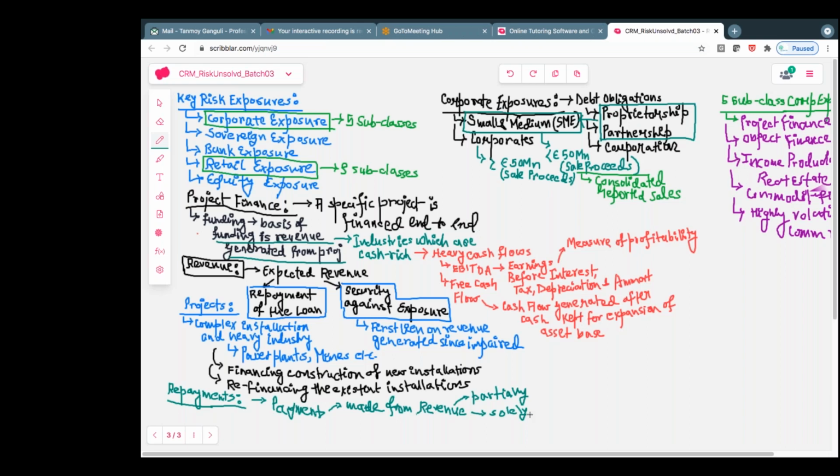And in case he defaults or any of these bad events happen, they use the plant as the collateral to repay the loans, right? So that's basically what we would have over here. So this is what project finance, or the exposure of project finance, is, right?